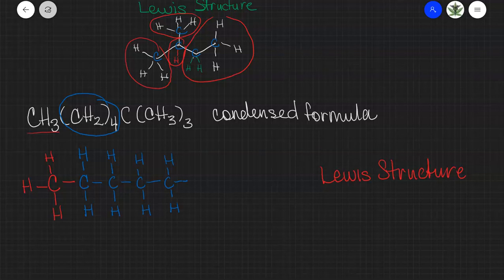And that carbon is going to be bound to this carbon, which if we look to the right of it, it tells us that we have 3 CH3 groups attached. 1, 2, 3.